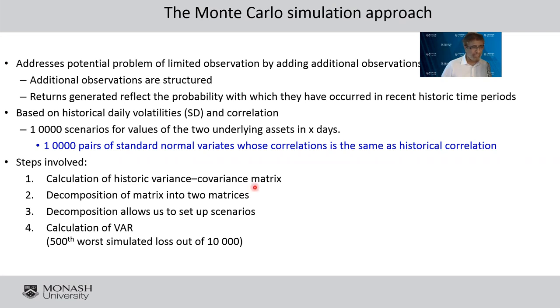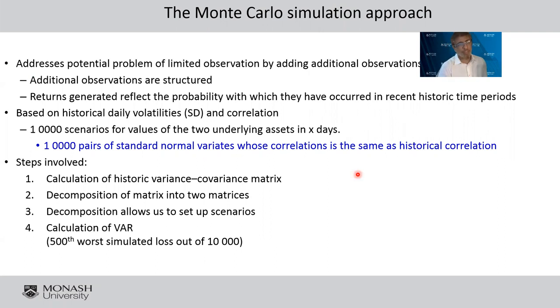They calculate matrices, they decompose the matrix into 2 matrices. This is all statistical. You don't have to do it. Excel can do it for you. Some other programs can do it for you. And from the 500 days, which we have, the actual days, they can produce for you 10,000 or 20,000. And then you do what you have done in the back simulation. But in this case, you will list 10,000 observations, which are simulated.